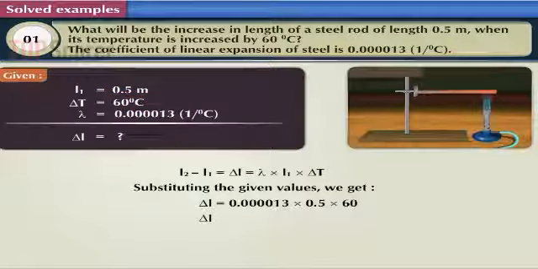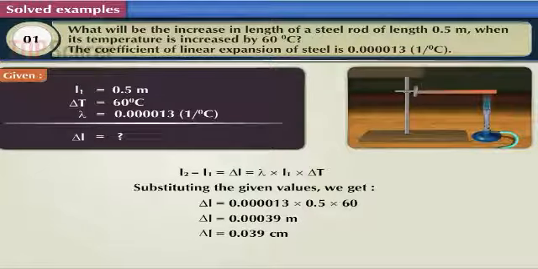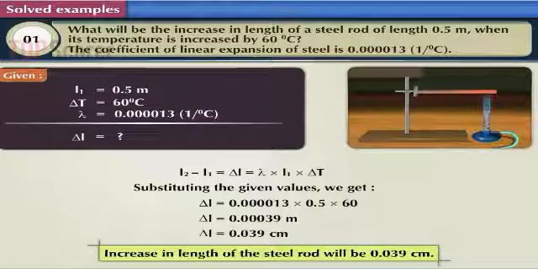Thus, delta L is equal to 0.00039 meter. Thus, delta L is equal to 0.039 centimeter. Hence, the increase in length of the steel rod will be 0.039 centimeter. Come, let us now proceed further.